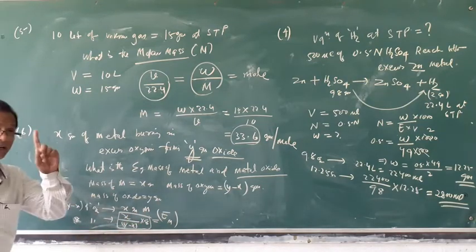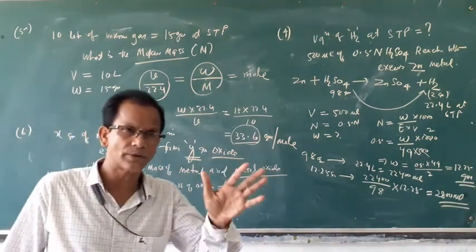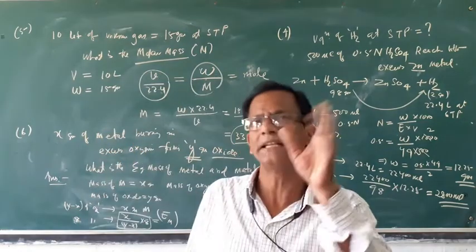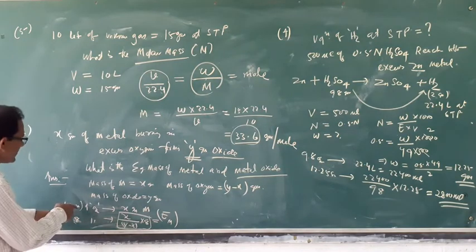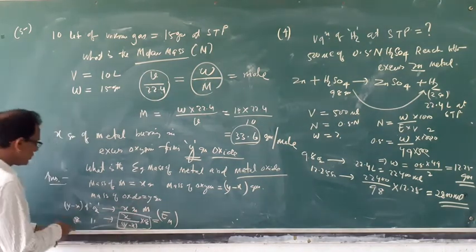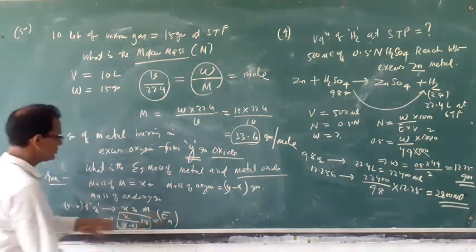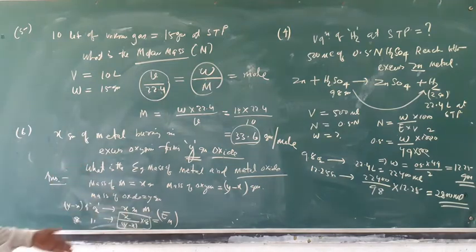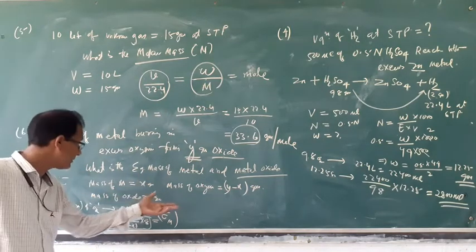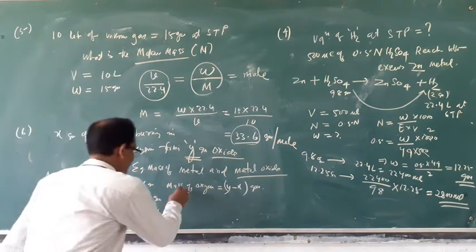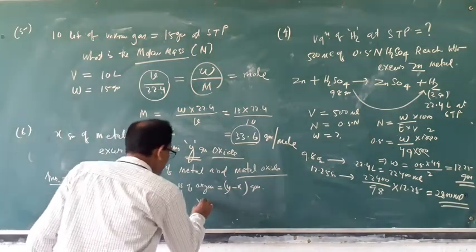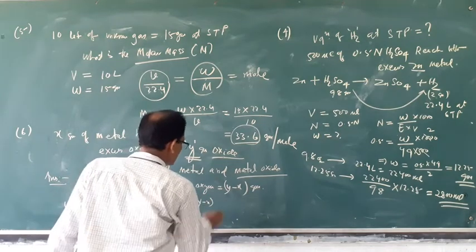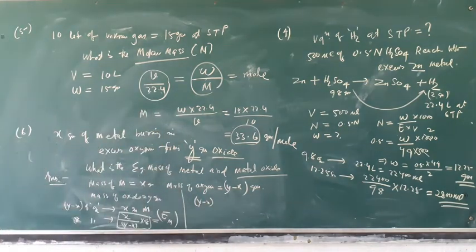Because when you calculate equivalent mass of any substance, you compare with 8 gram oxygen. For oxygen, you take 8 gram. So Y minus X combined with X gram metal. So for 8 gram you have mass this much. So this is the equivalent mass of metal. Then what is the equivalent mass of metal oxide? Just same relation. Y minus X is the oxygen.